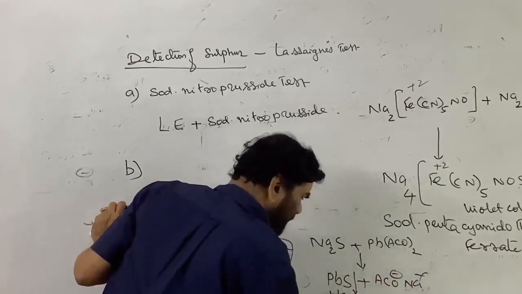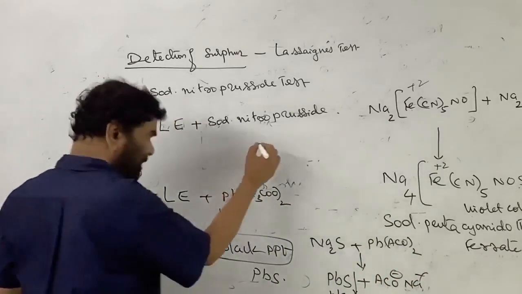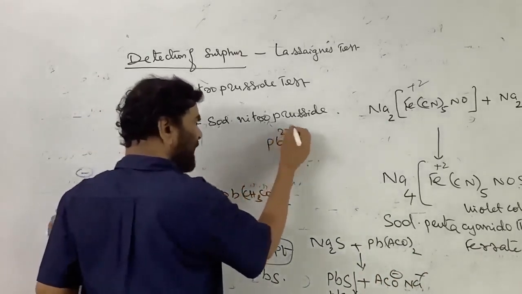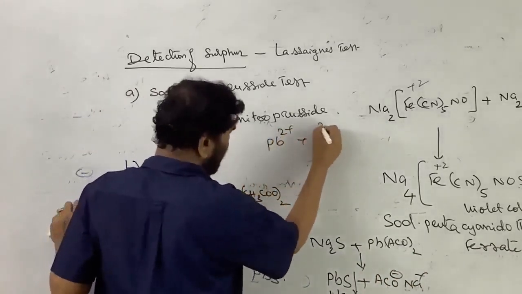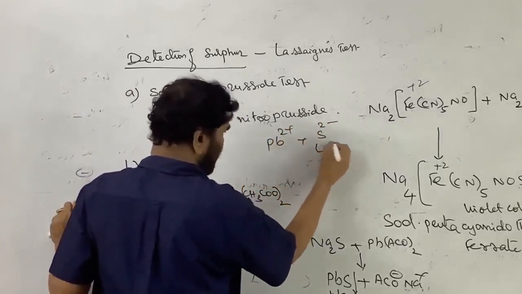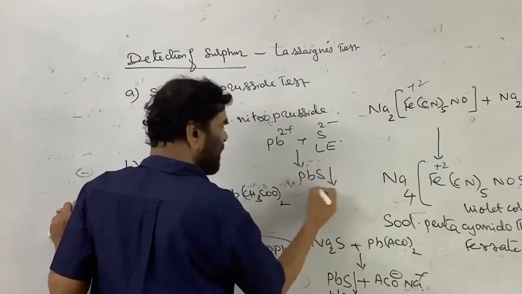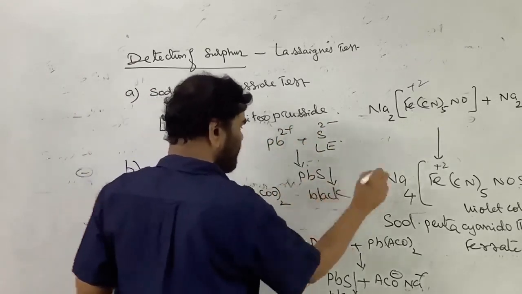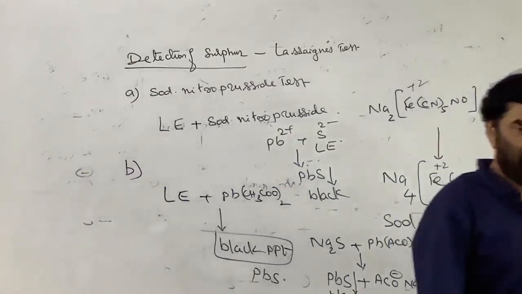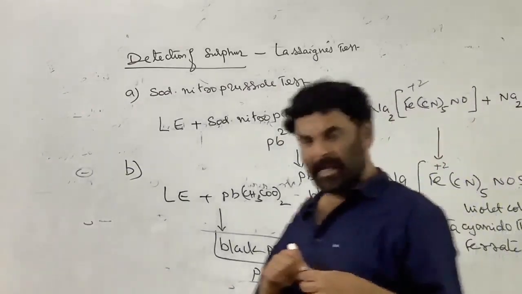This is the black precipitate that is formed, from lead acetate giving lead ion and the Lassaigne's extract giving sulfide ion. PbS is insoluble, a black precipitate. Lead sulfide is black, cadmium sulfide is yellow.